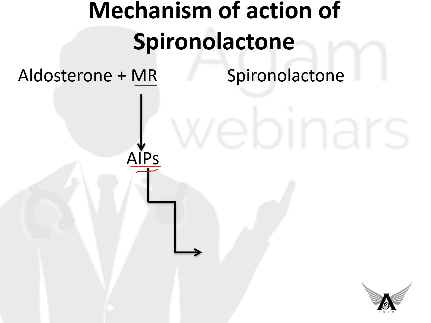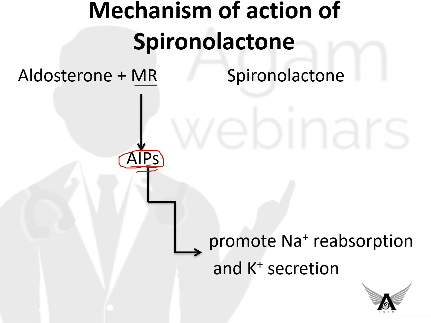These aldosterone induced proteins promote sodium reabsorption and potassium secretion. Spironolactone binds to the mineralocorticoid receptor by acting as an antagonist to aldosterone.